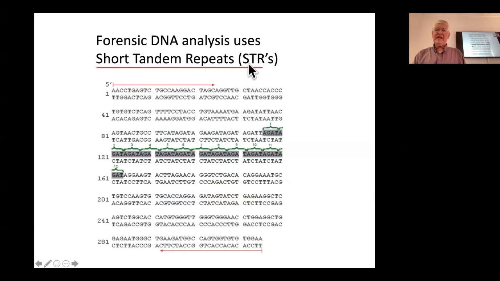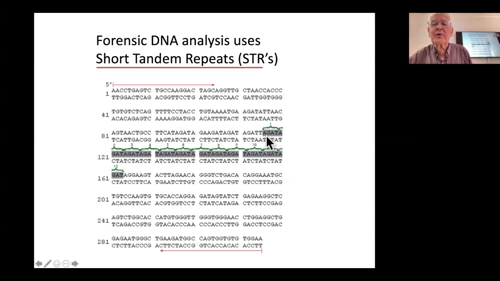So what a short tandem repeat is, there are many of these scattered throughout the genome. You'll find regions, in this one, you have the sequence AGATA. And it gets repeated, AGATA. Actually, this one is, I read that wrong.